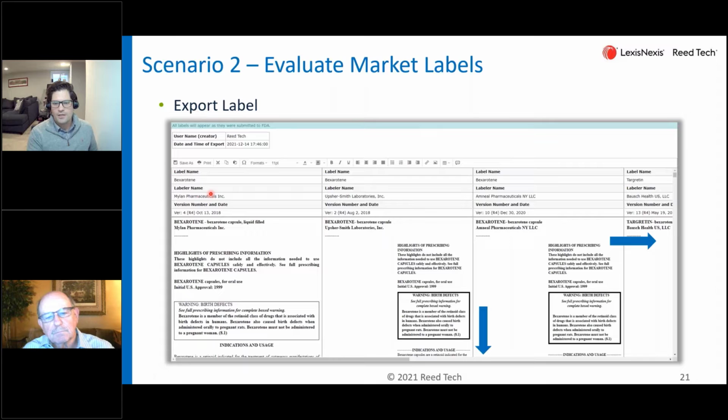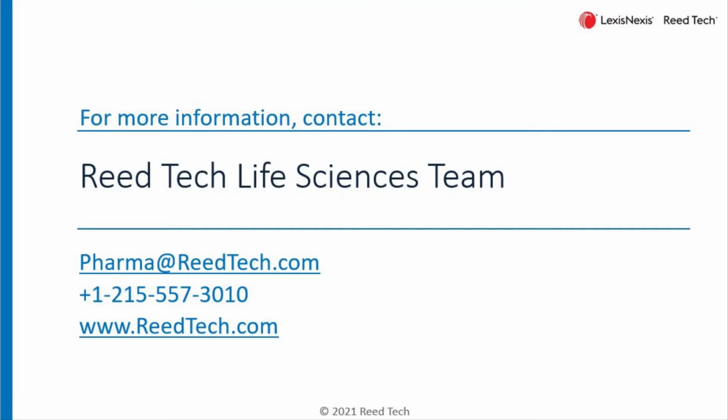So yeah, that's really, again, when we're evaluating not just our label, but other labels in industry, Navigator really helps with not just finding it, but also now reviewing and finding the key differences side by side.